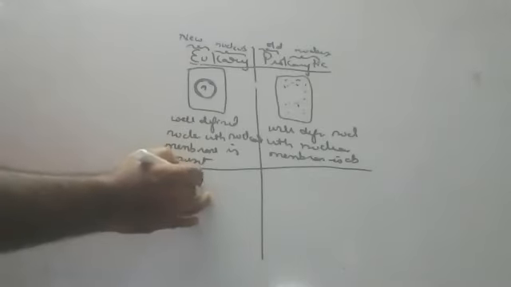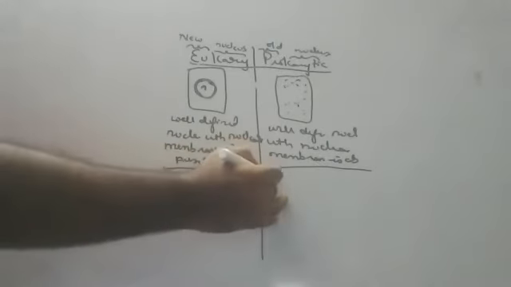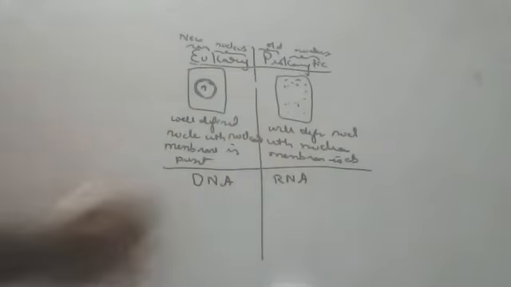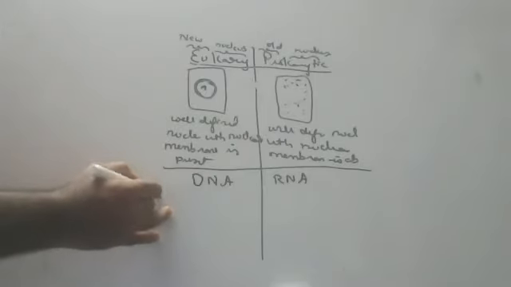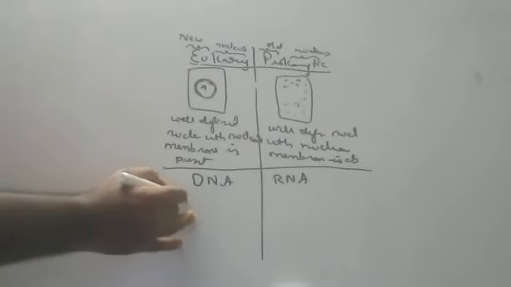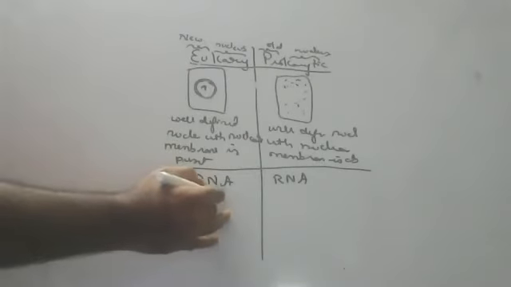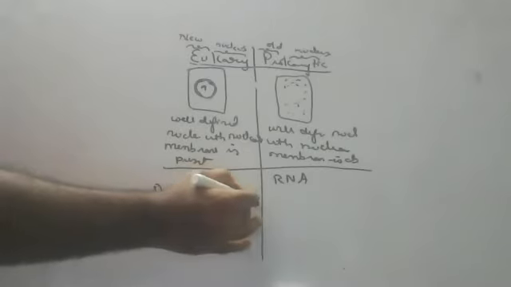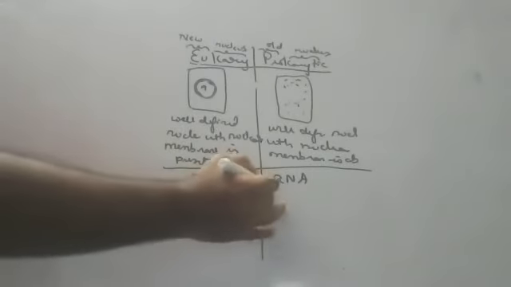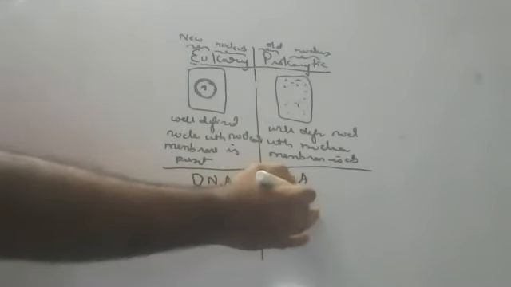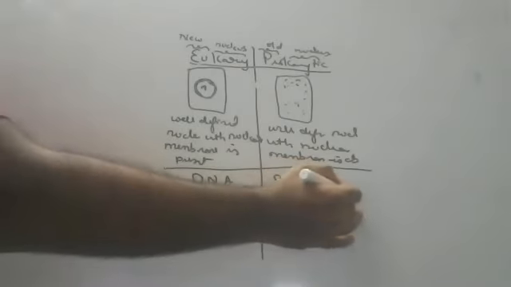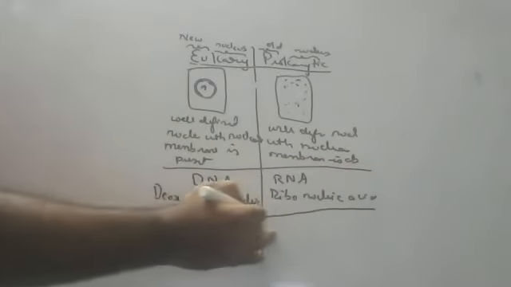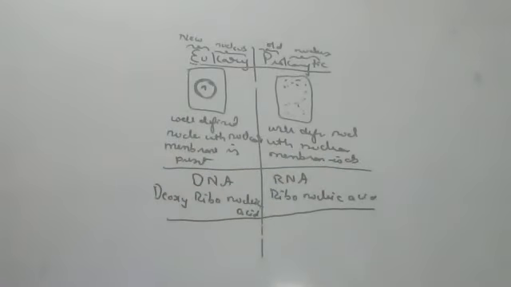here DNA is present and here RNA is present. What is the full form of DNA, you will ask? Deoxyribonucleic acid. Okay, and here ribonucleic acid is present. Then you will ask, sir, what is DNA and RNA? DNA and RNA help in transfer of characters from parents to offspring.